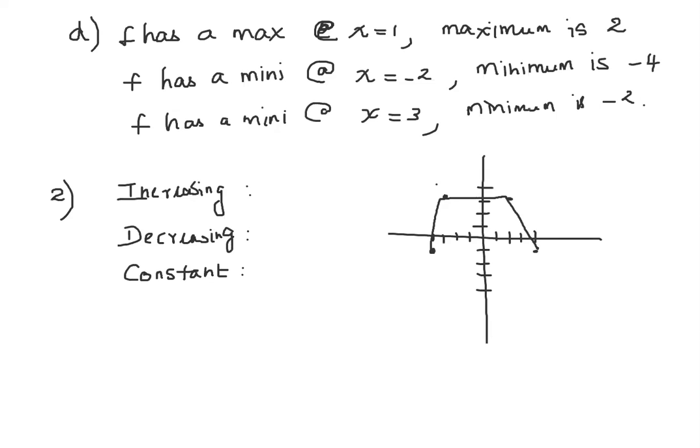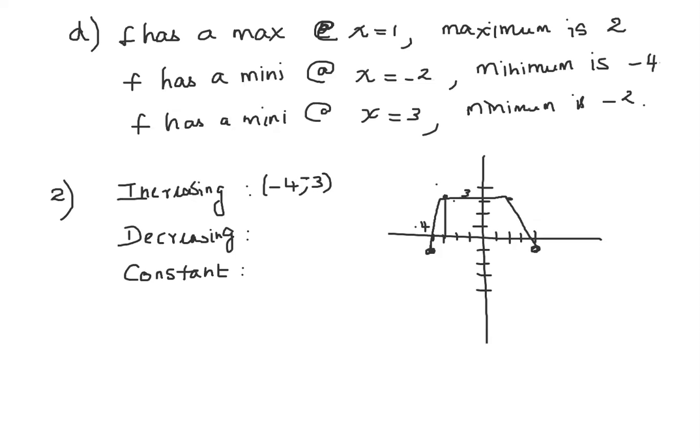So this is our graph. If you look at the graph, it's increasing from -4 to -3, because it goes and then it goes right here.